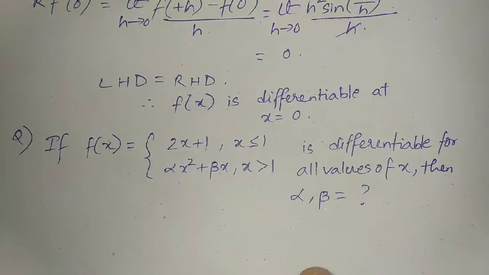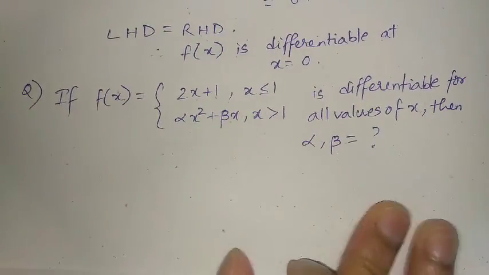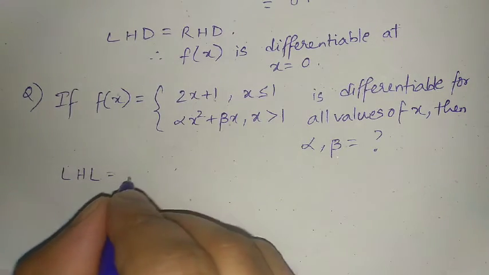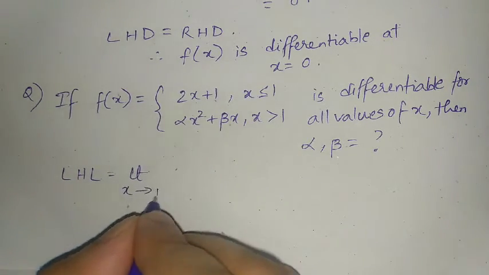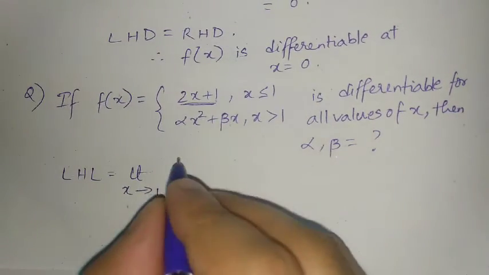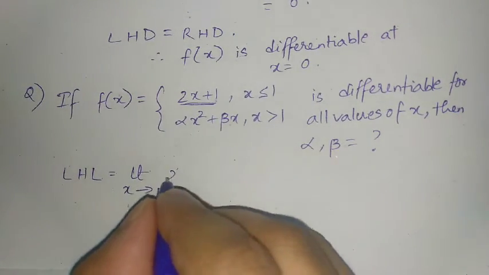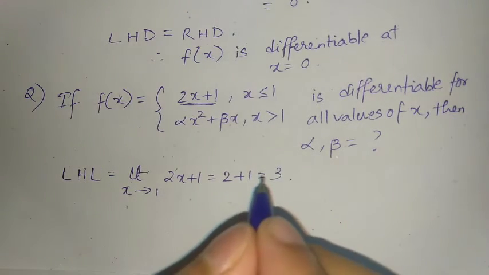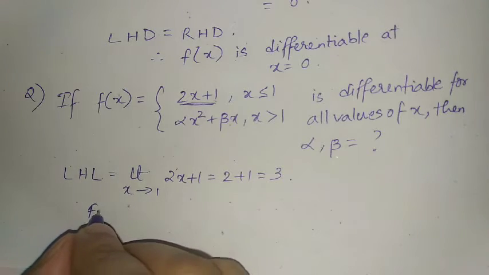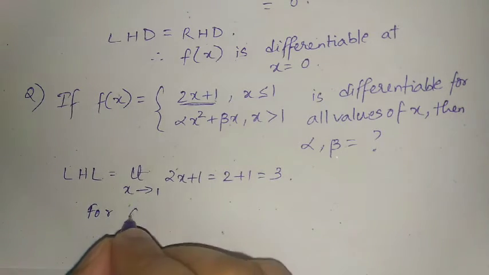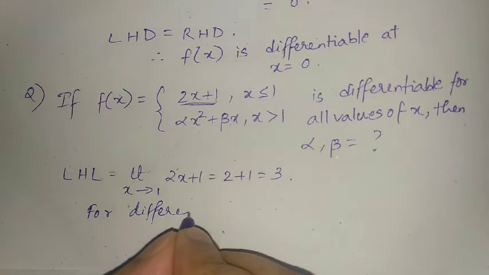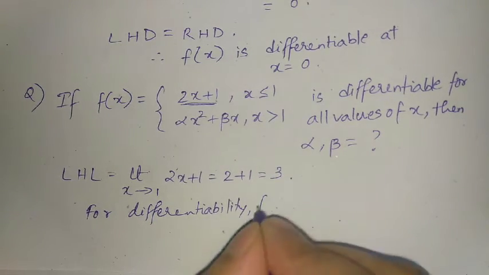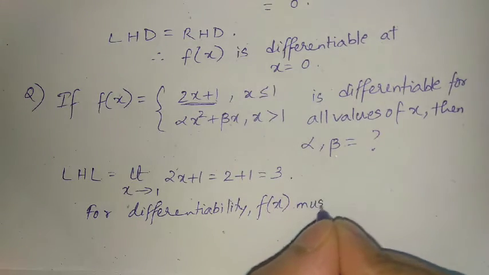So in this question, first we have to find the left hand limit. Left hand limit is equal to limit x tends to 1. We will take this expression, 2x plus 1, so it is equal to 2 plus 1 which is equal to 3. For differentiability we know that f of x must be continuous.